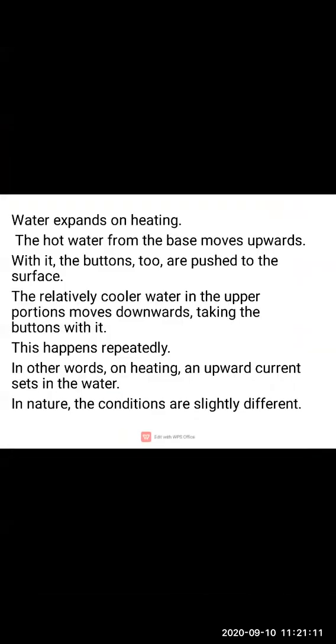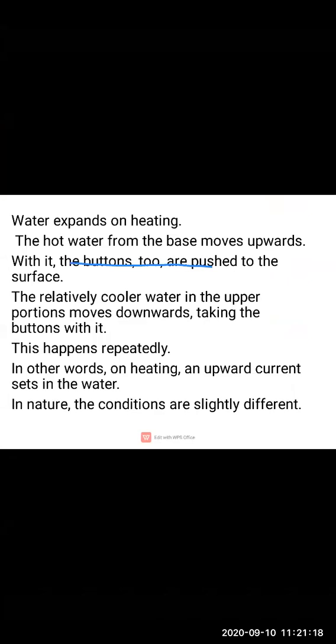See children, we have kept the buttons in it, right? So water expands on heating, so water from the base moves upwards, and with it the buttons are also pushed to the surface. Now see, the relatively cooler water in the upper portion moves downwards.